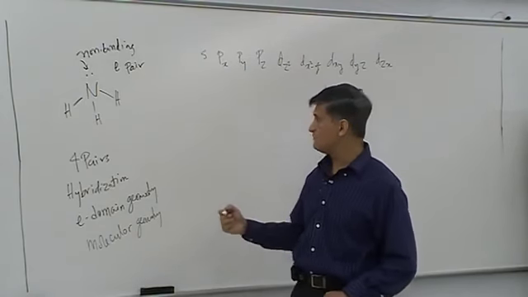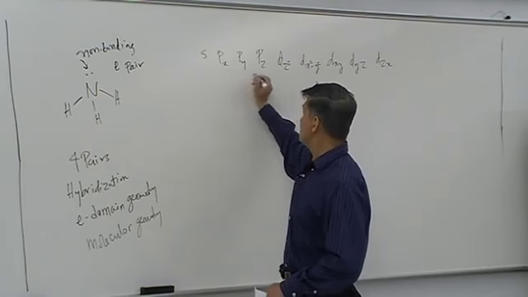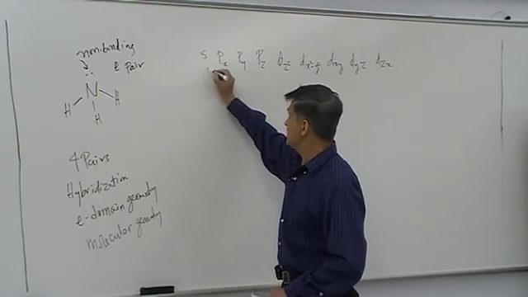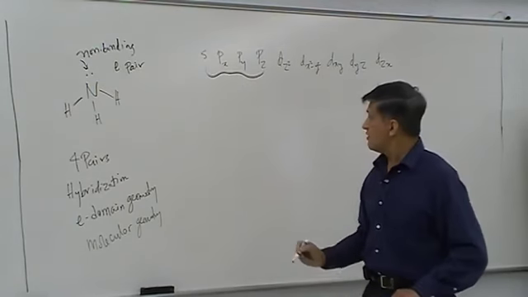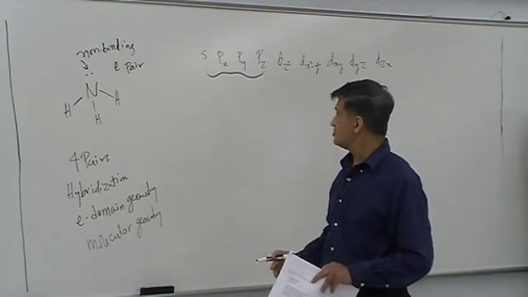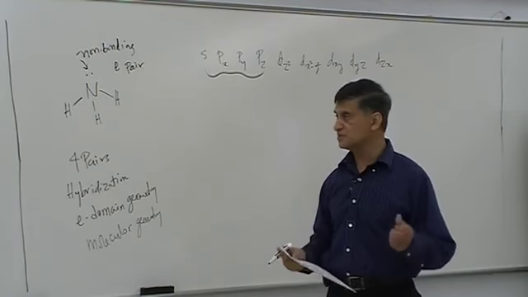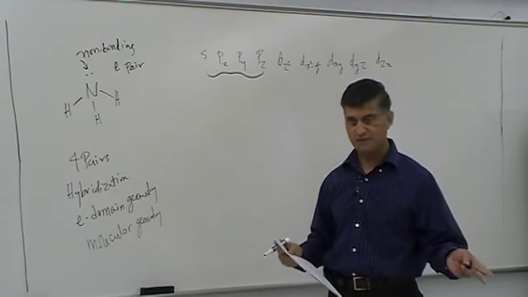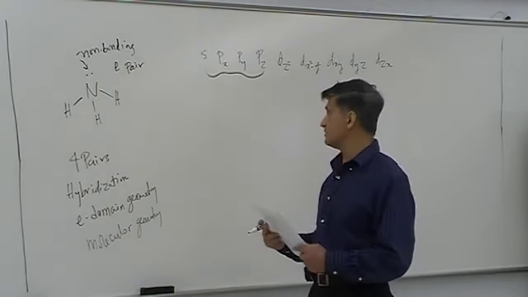Now how do I get those hybrid orbitals? I need to mix 4 orbitals starting from here: 1, 2, 3, 4. So these 4 orbitals, when you mix together, you are going to get 4 hybrid orbitals. So keep that in mind. If you're going to mix 2 orbitals, you're going to get 2 hybrid orbitals. If you're going to mix 3 of them, you're going to get 3 hybrid orbitals.